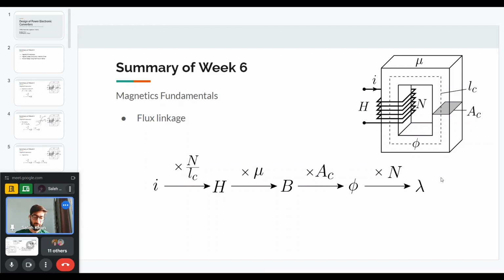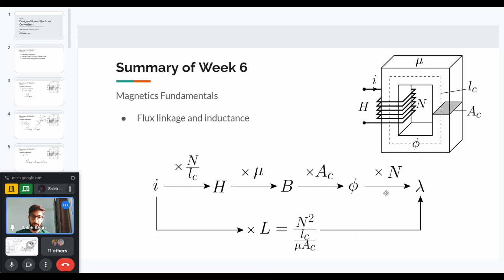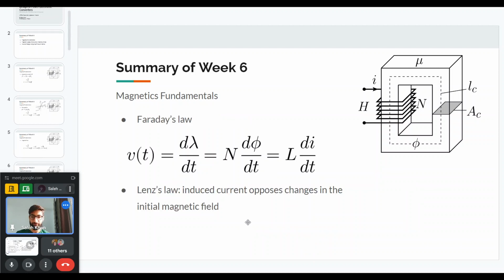And finally, flux linkage would also be Weber because N does not have a unit. So Weber turns is flux linkage. Inductance is given in Henrys. The SI unit for inductance is Henrys. So if you have all these terms in SI unit, you will get the inductance in Henrys. The rest, I think you should know.